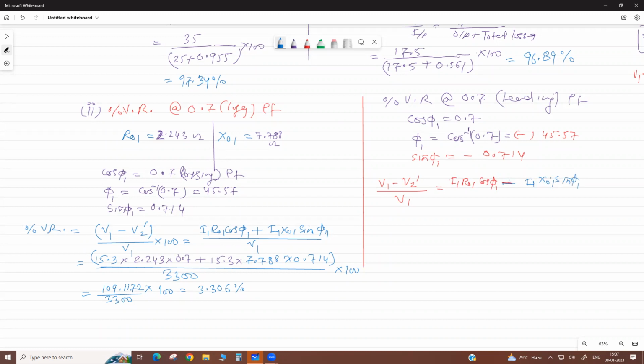Due to this negative value, it comes negative. For leading power factor, it is negative, divided by V1.